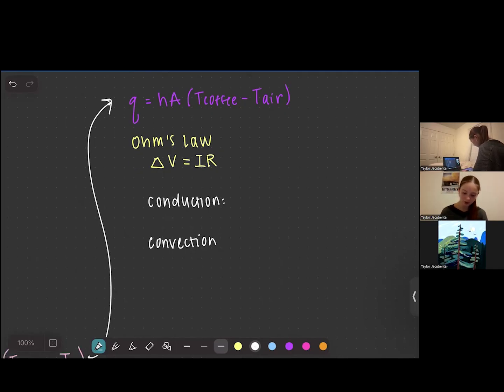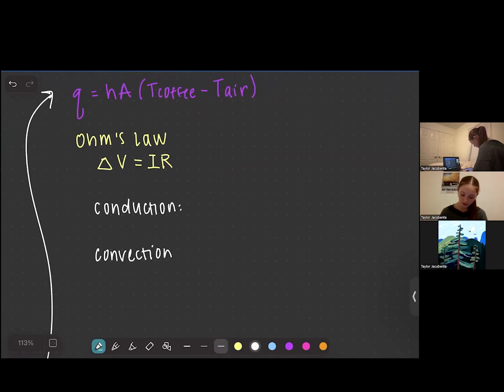So what we can do is say that the change in temperature for both of these, well, let's see conduction first, actually, hold on. So for conduction, the change in temperature is equal to the heat flux times the length multiplied by our thermal conductivity times our area.